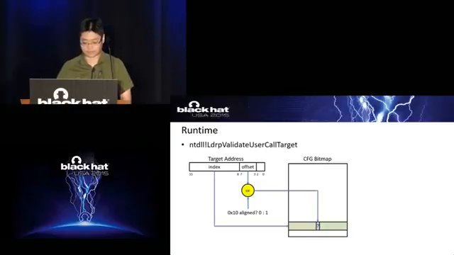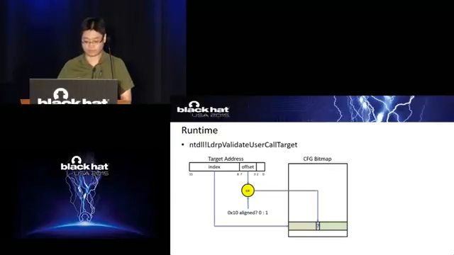So this can get one 32-bit value from the CFG bitmap. And then it uses the third to the eighth bit from the target address as an offset and tests if the address is aligned.